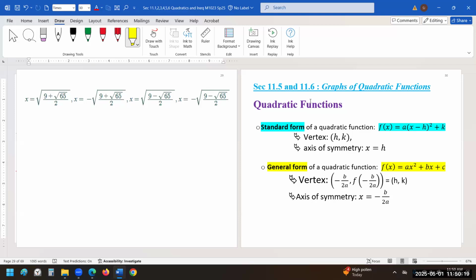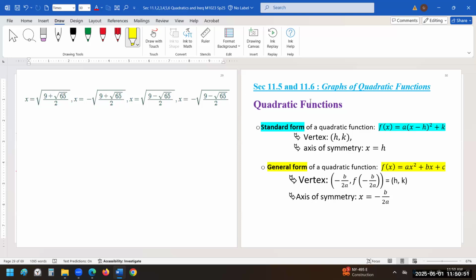Now 11.5 and 6 are all about quadratics. To begin with, we start with the two formats of quadratic. There are two formats: one is standard, one is general. The standard form is a times (x minus h) whole squared plus k.